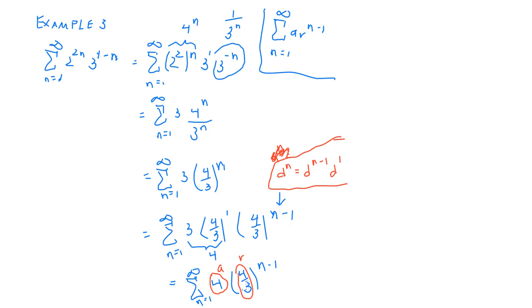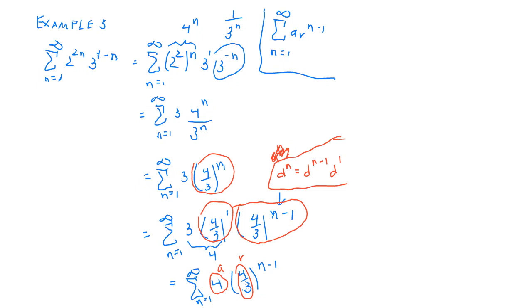You're good with that, Sophie. All right, well, all I did was I wrote 4/3 to the nth power. Think of 4/3 as D. I wrote it as 4/3 to the first power times 4/3 to the n minus first power. Good, excellent.